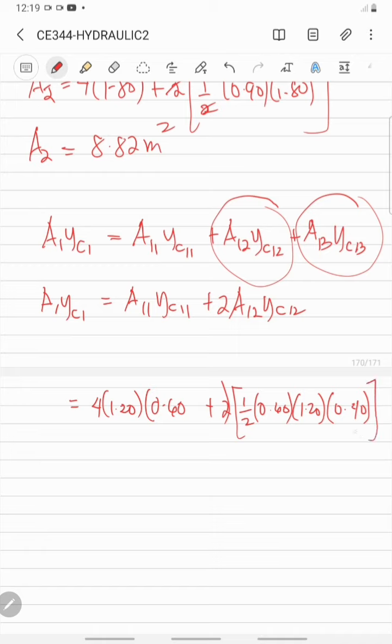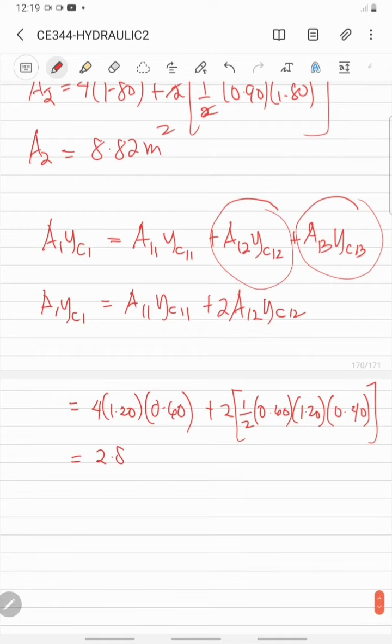So we will compute 4 times 1.2 times 0.6, that is 2.88. Plus, we can cancel 2 over 2, so you have 0.6 times 1.2 times 0.4, that is 0.288.